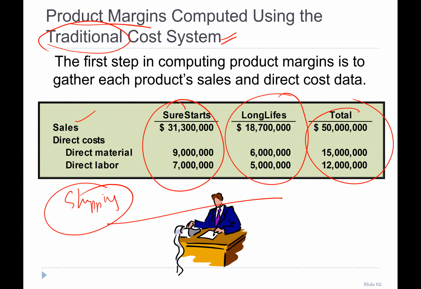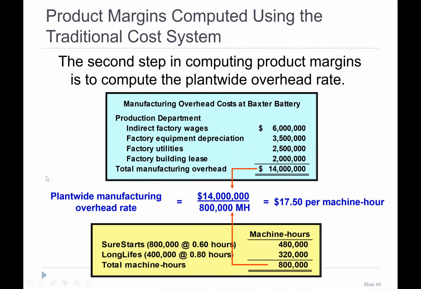Because shipping cost under traditional costing is called period cost. This is called non-manufacturing cost, right? So we will not be including shipping cost in calculation to calculate product margin. So direct cost going to include only direct material and direct labor, and under manufacturing overhead we will be including shipping cost as well.